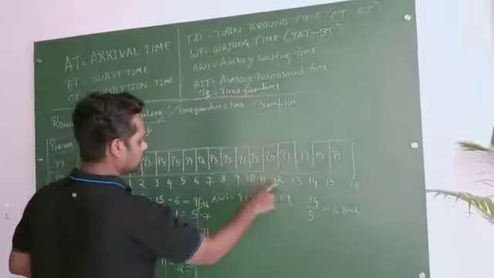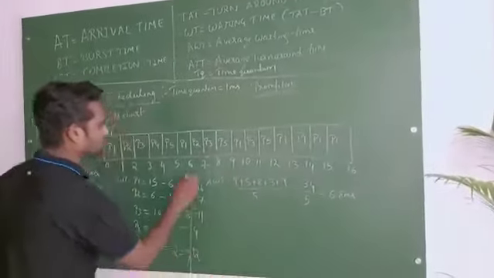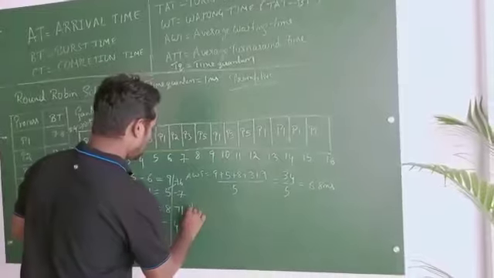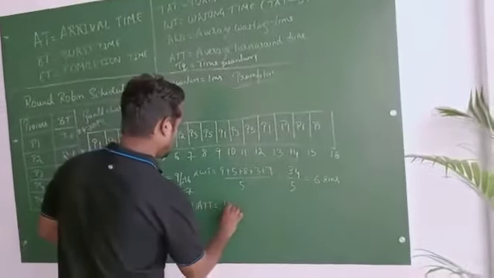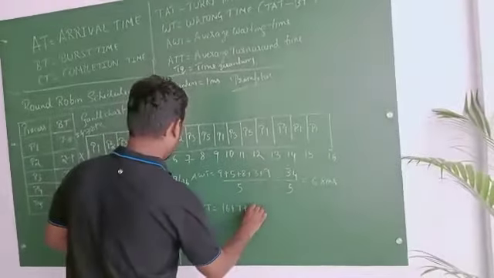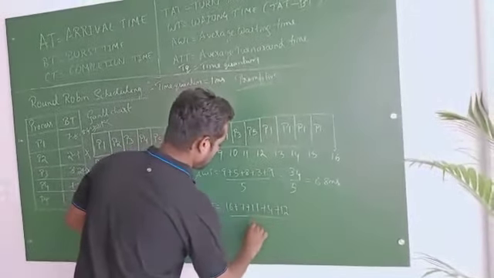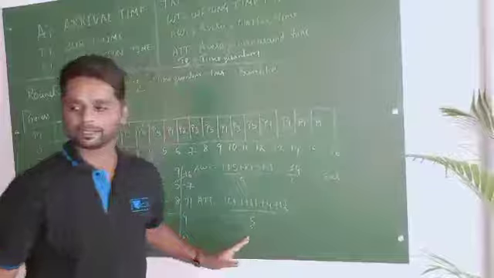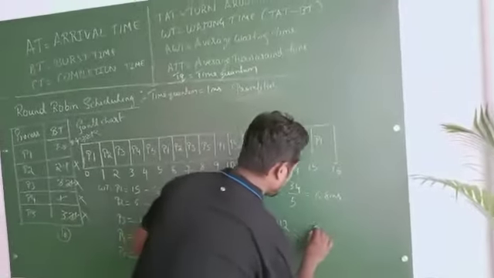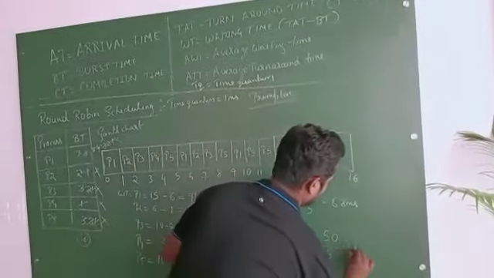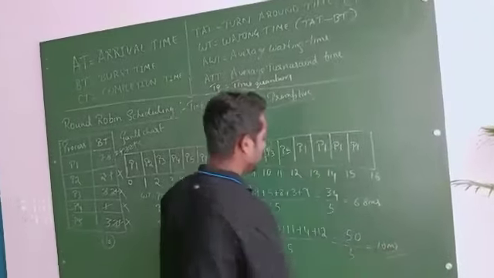P5 is 12. So the average turnaround time is 16 plus 7 plus 11 plus 4 plus 12 divided by 5. If I add, I get 50. So 50 divided by 5 gives 10 milliseconds.